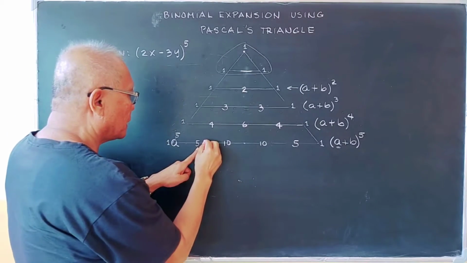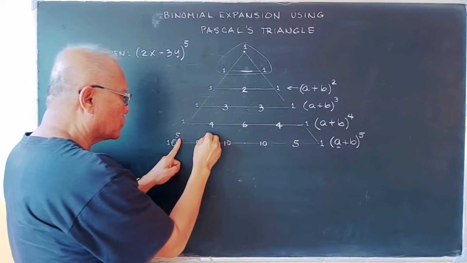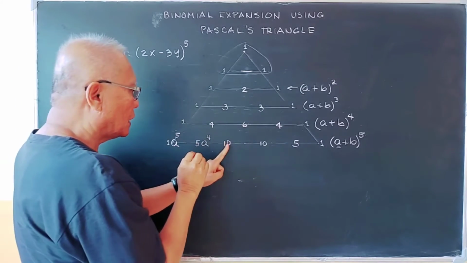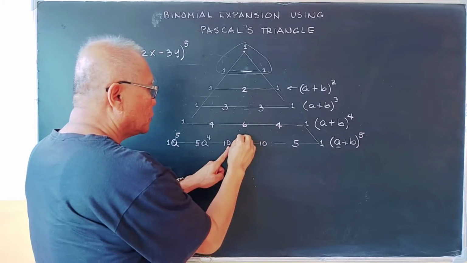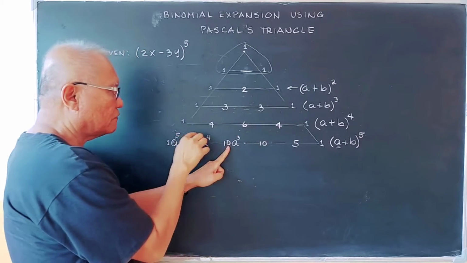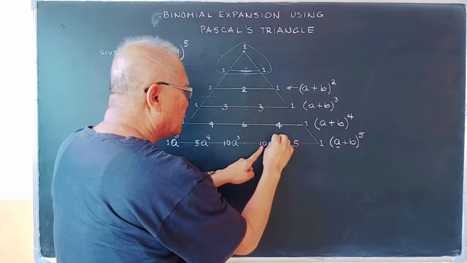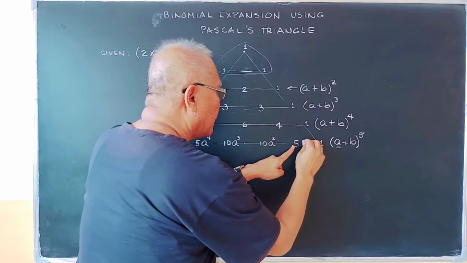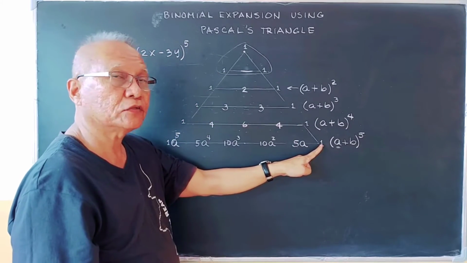So here we have a, descend, minus 1, is a to the fourth. And then this one will be a cubed. 5, 4, 3. Therefore this one is a squared. And then this one is a to the first. That one is a to the 0.